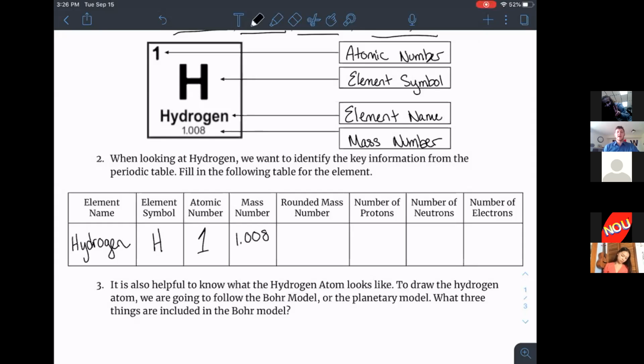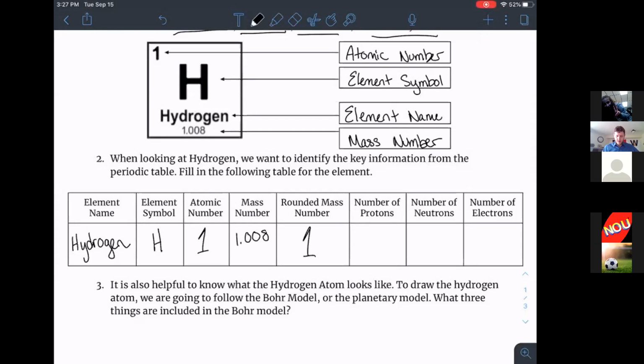Perfect. Now the rest of the 4 are going to be a little more difficult to figure out, but not too much harder. The rounded mass number we're going to need in just a minute. So I'm going to round the mass number to a whole number. If I round 1.008 to a whole number, what is my number going to be? Just a 1.